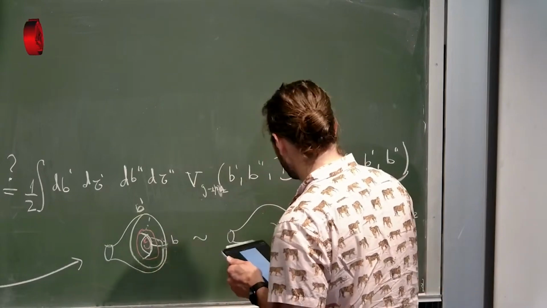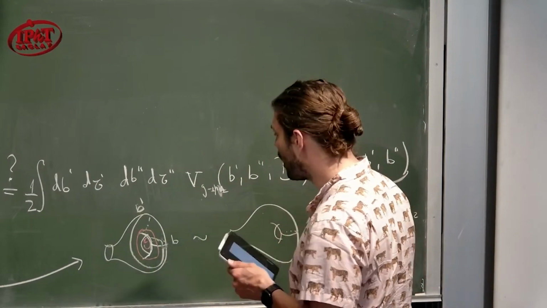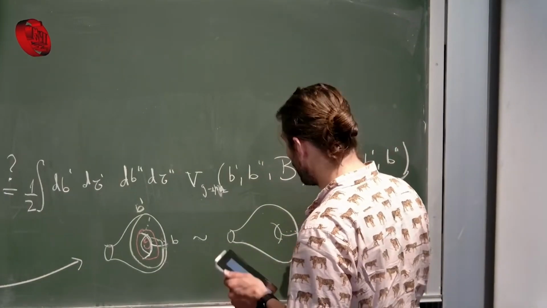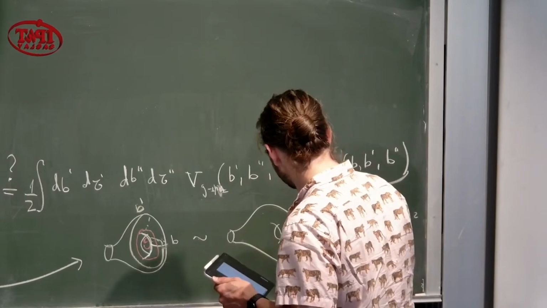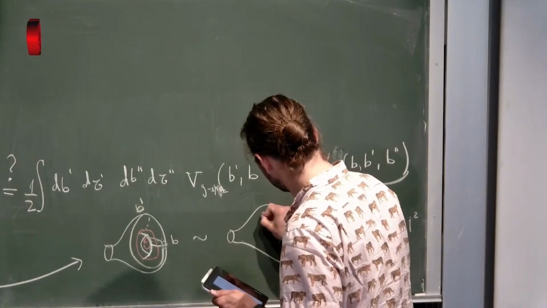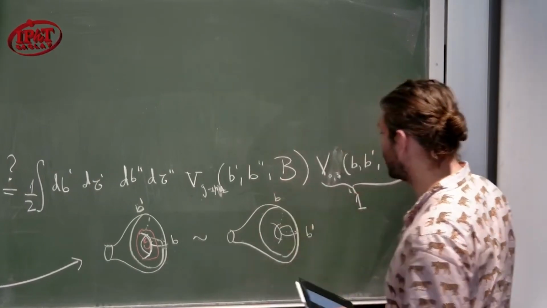So you'll obtain a shape that has a geodesic of length b prime seemingly on this cycle, and another geodesic of length b.